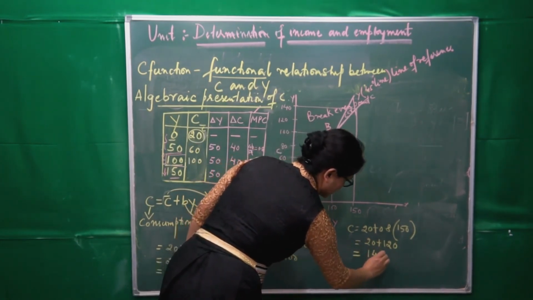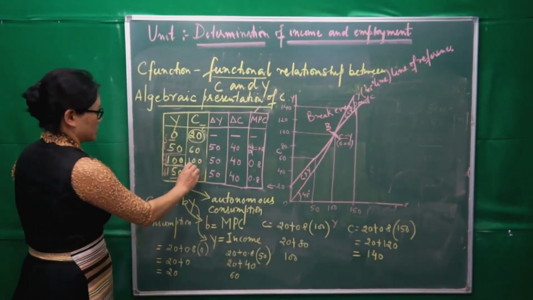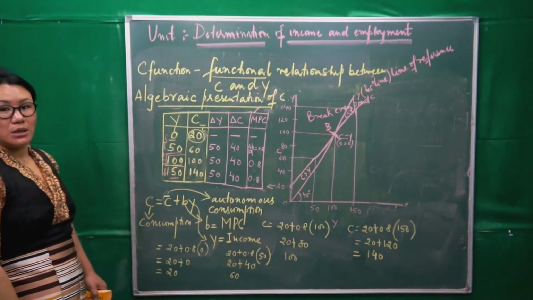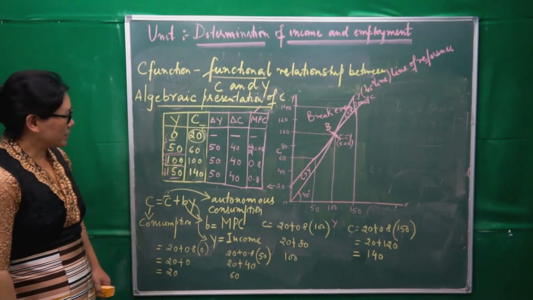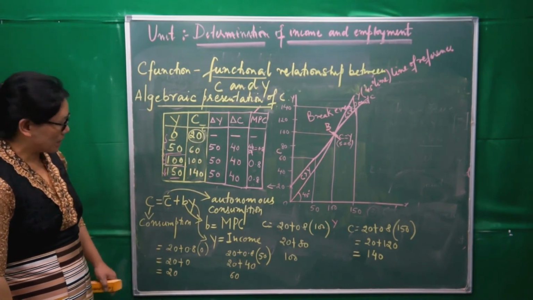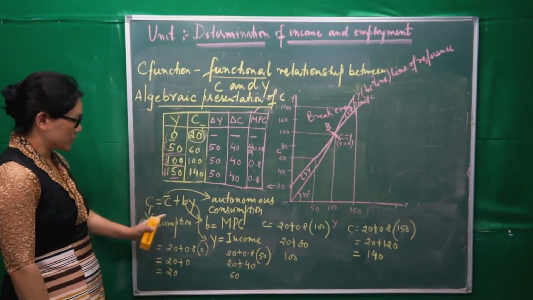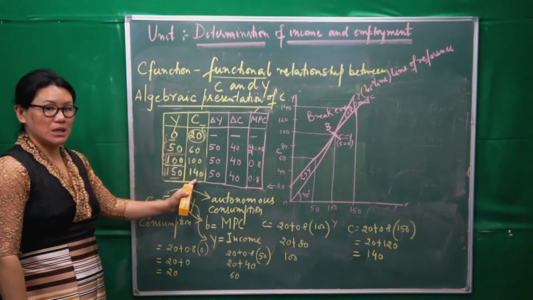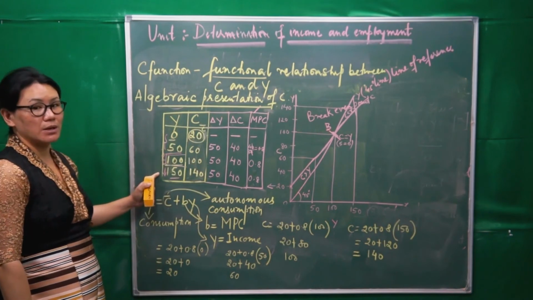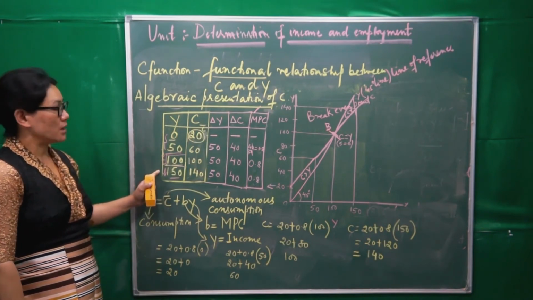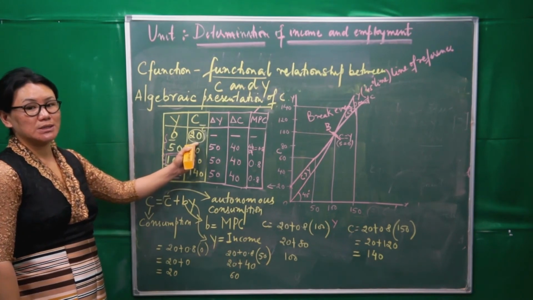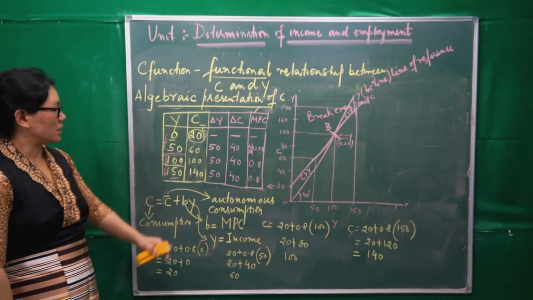So this will be 140. So here C is 140. Is that clear to you? So this is how we can make use of this equation to find out the level of C if income is given. Again I'm repeating, 20 is autonomous consumption here. Is that clear? Okay.